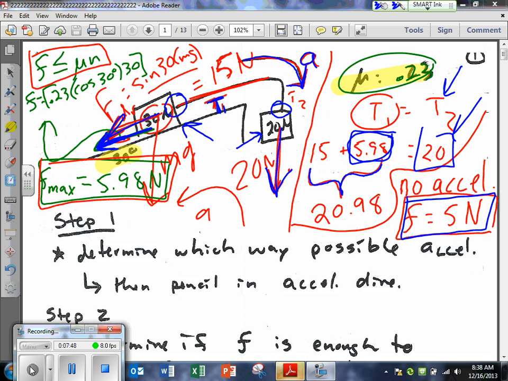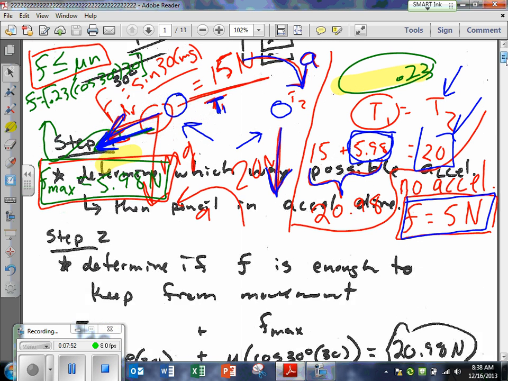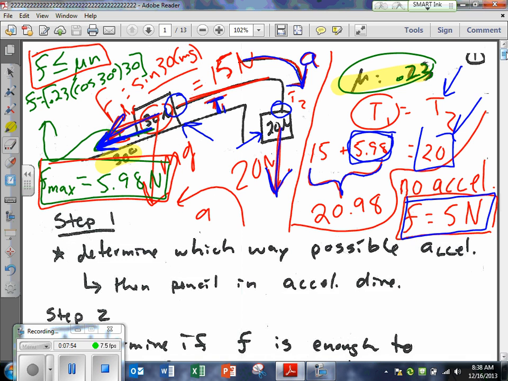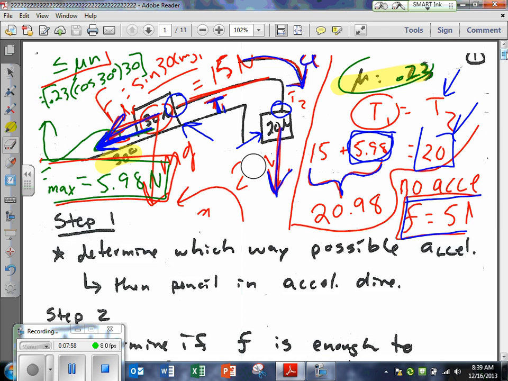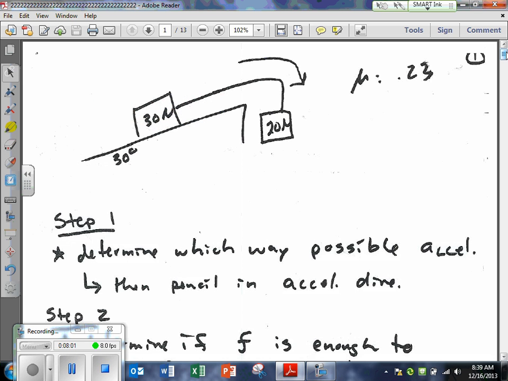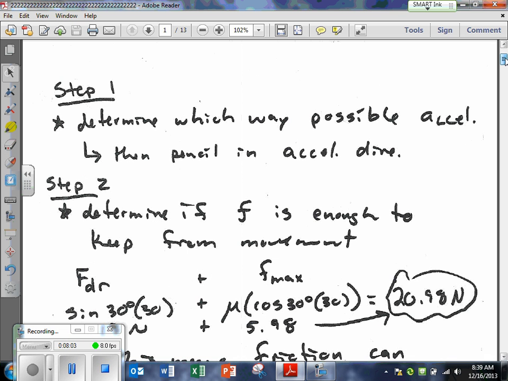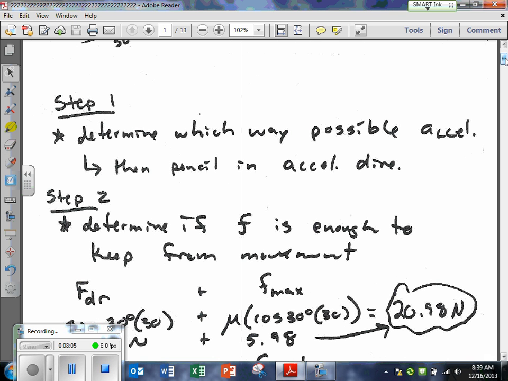Okay, so everything we just talked about is in the notes. Let me erase this real quickly so I can see. Step 1: determine which way the possible acceleration is, then pencil the acceleration in on the picture.